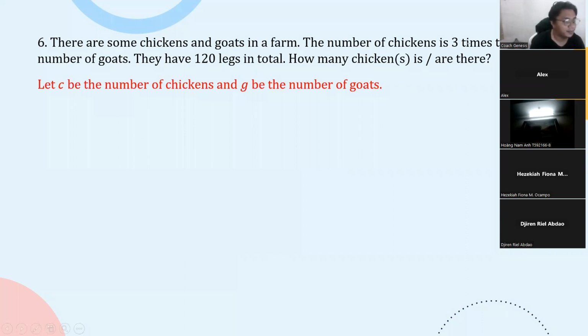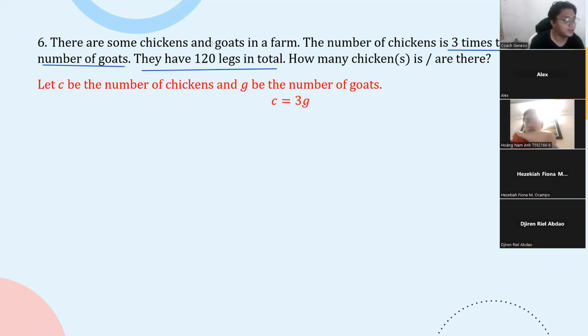Now here in the problem, it says the number of chickens is 3 times the number of goats. So that means that C will be equal to 3G. It also says here they have 120 legs in total. So that means that we have 2C plus 4G is equal to 120.